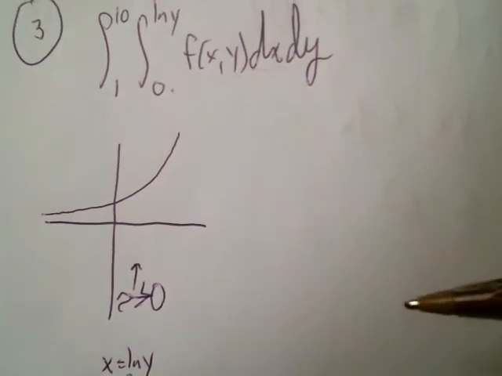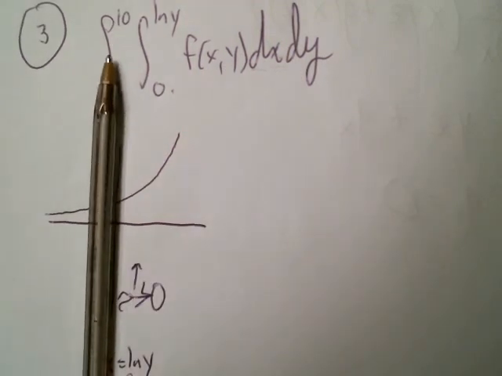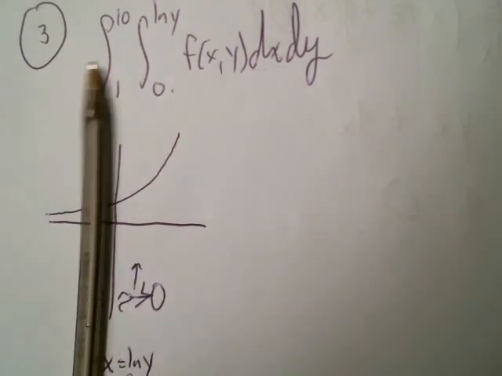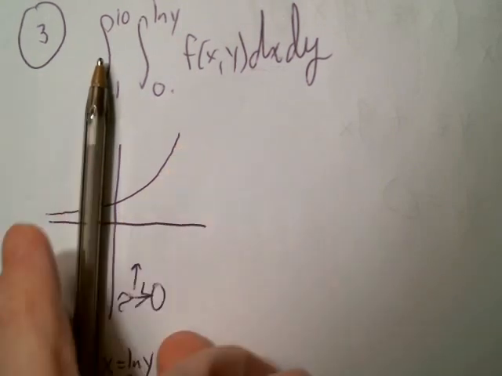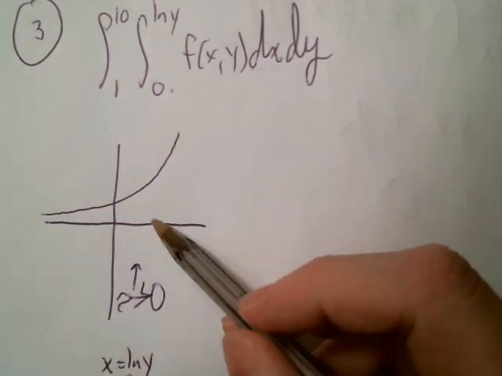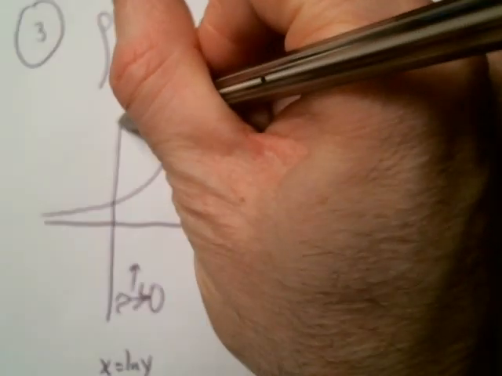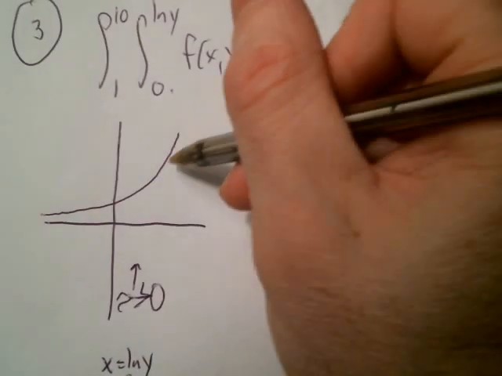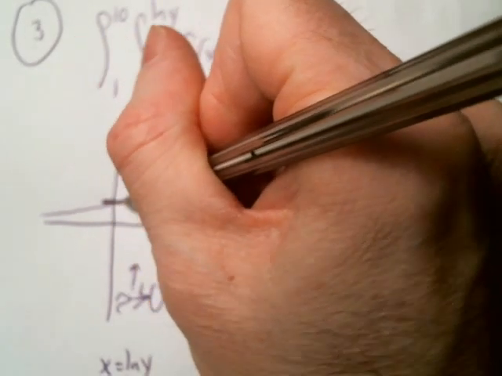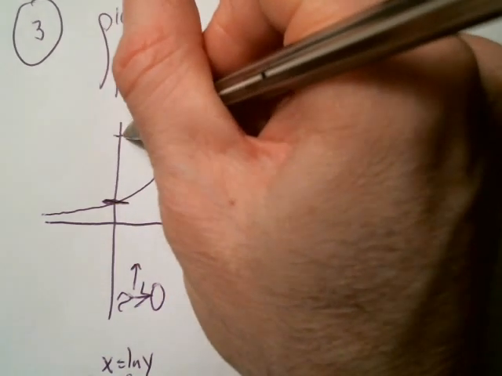All right. So again, what am I doing? I'm going from x equals 0, which is the y-axis, to ln of y, which is this curve. Okay. All right. The Riemann man is running from 1 to 10. So from y equals 1, which is right here, to 10, which will be up here somewhere.